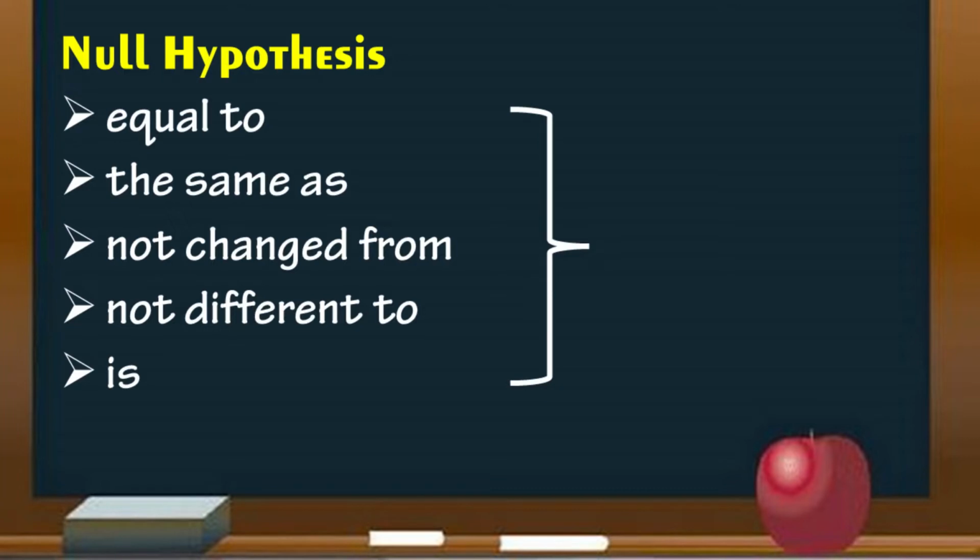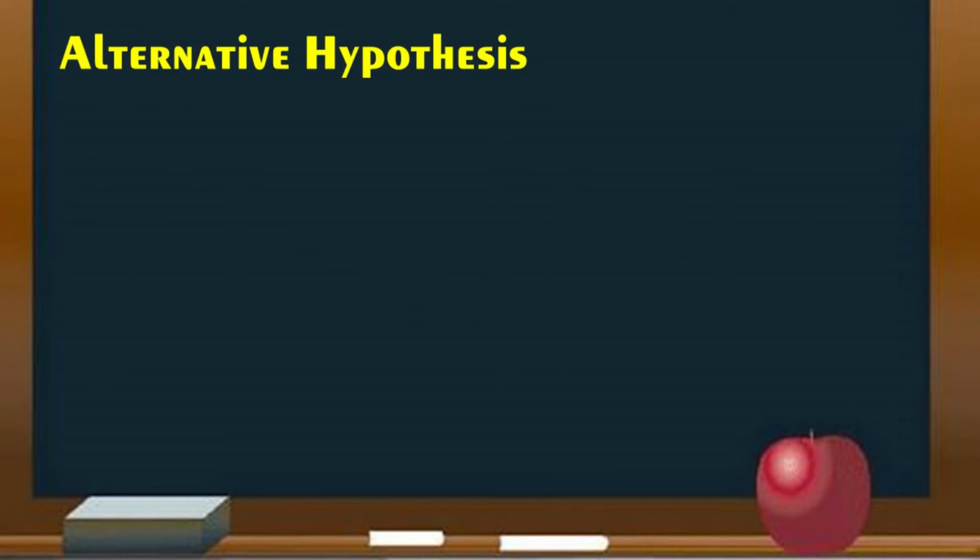And the mathematical formulation for these words is the equal sign. The symbols greater than or equal to and lesser than or equal to are also used in the mathematical formulation of the null hypothesis. For alternative hypothesis, we have the symbols not equal to, greater than, and lesser than.